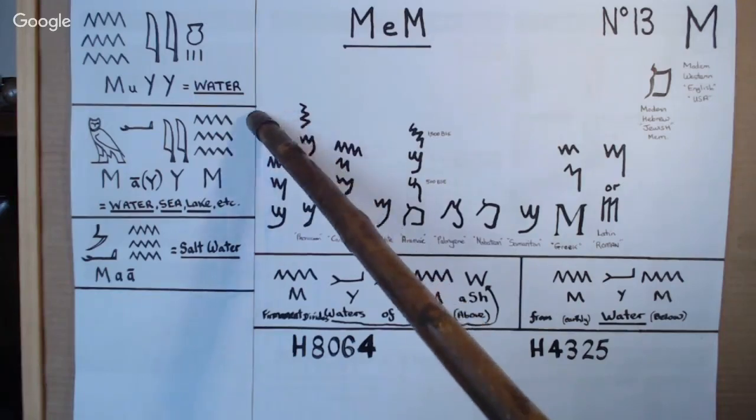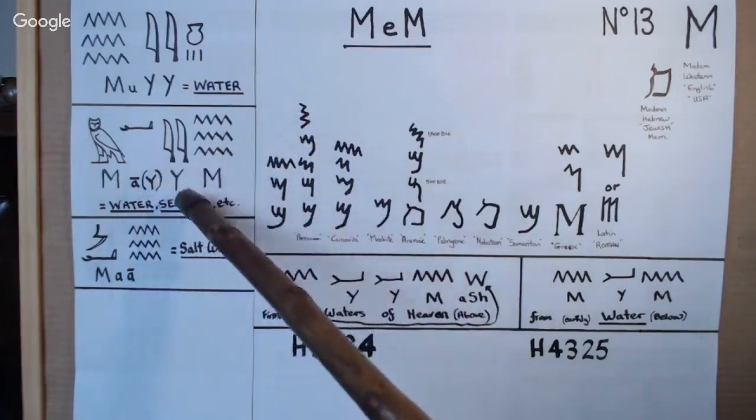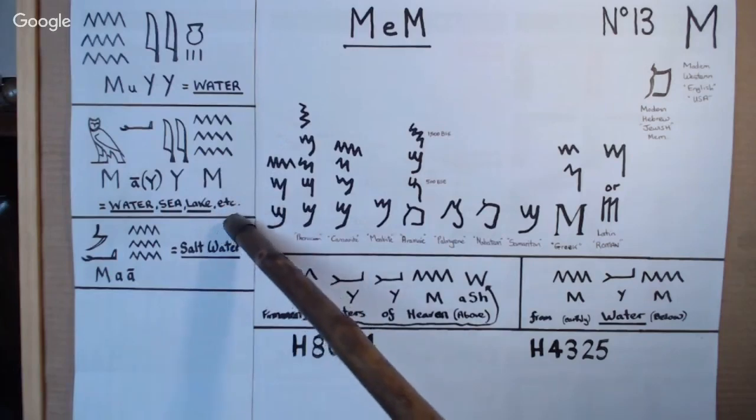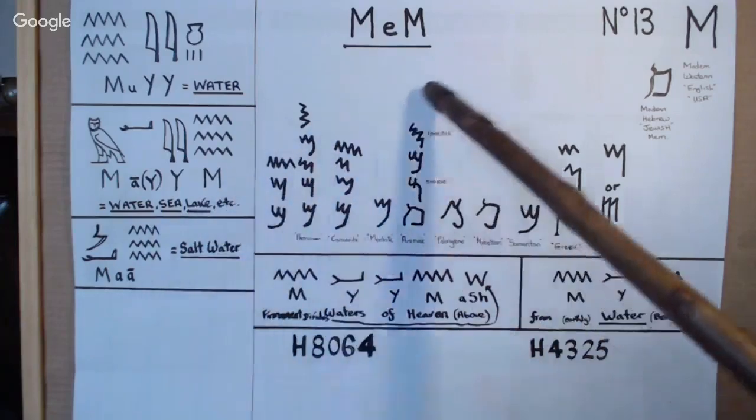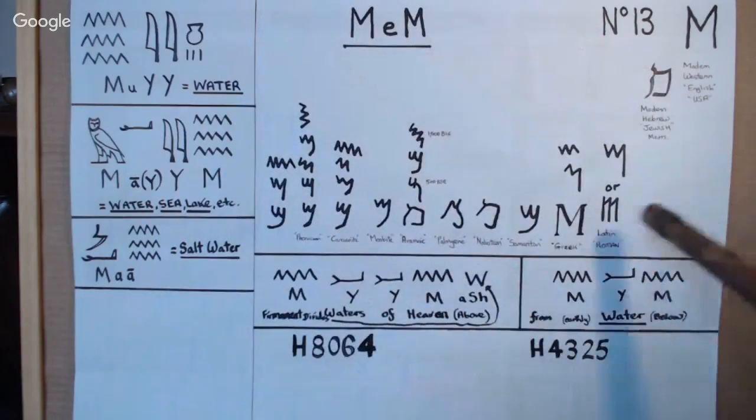Now if we go over here to this side of the page, which those of you who have watched the previous videos will know, this is the Hebrew side, all over here.